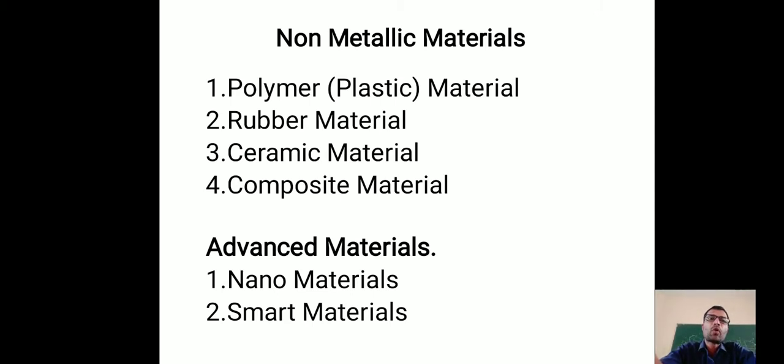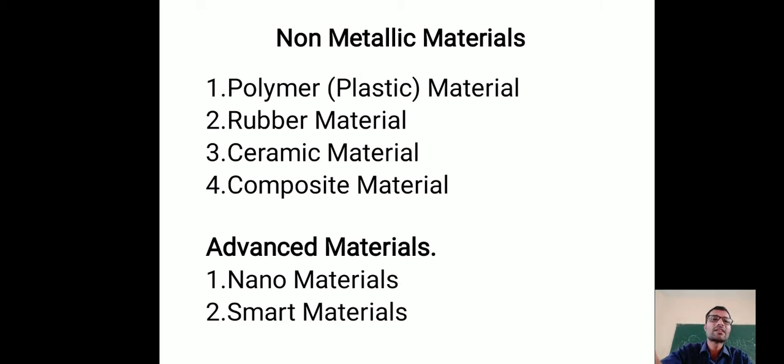First is polymer, means plastic. Types of plastic, different applications of plastic, properties of plastic, day-to-day life applications. So all this part we have discussed about the polymer or plastic.